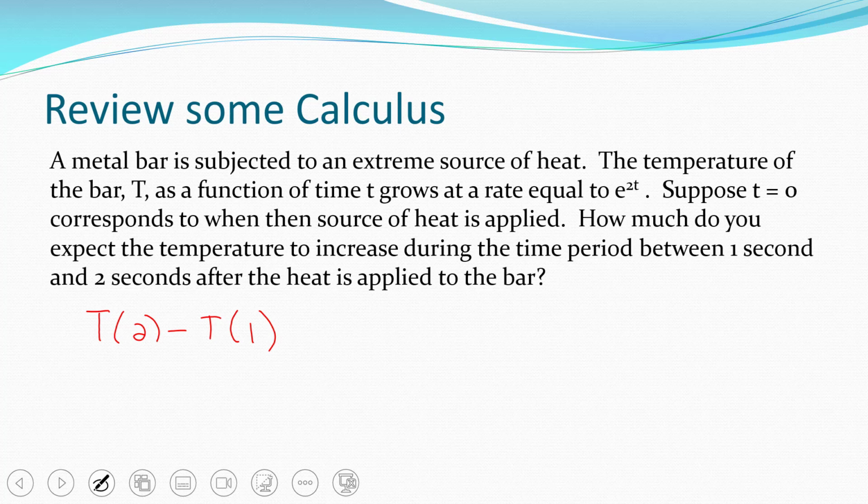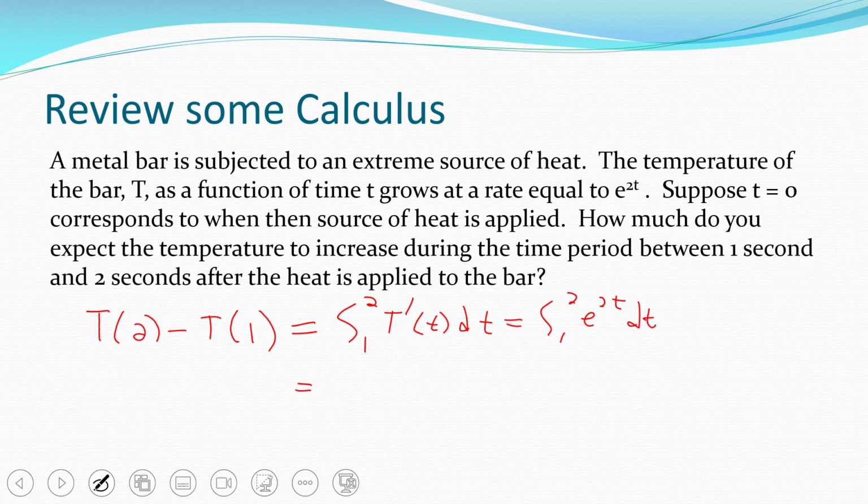The net change theorem says that this is equal to the integration from 1 to 2 of the rate of change of that function. But I told you what the rate of change is. That's e to the 2t. So I actually just need to find out what that integral is. Notice I don't have to find out what the temperature is as a function of time. I can avoid that entirely by just using the right theorem.